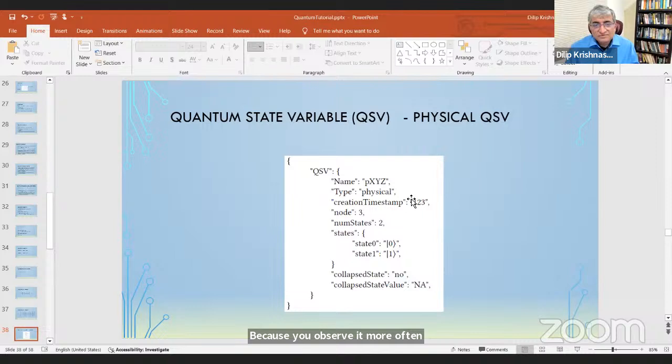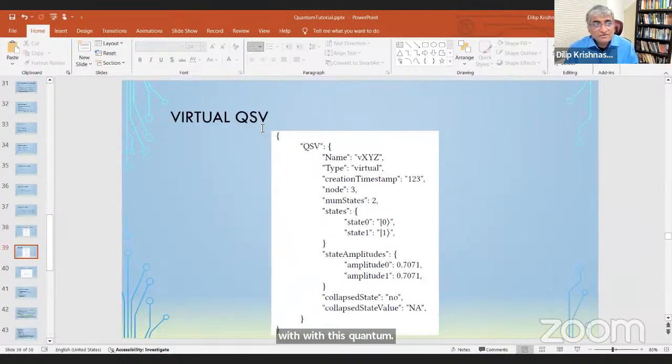Now, we can think of a physical quantum computer where we don't know the amplitudes. If you try to create a JSON data structure, it may look something like this. It has these states, but we have no clue what the amplitudes are. We just set up the quantum variable, send it to a quantum computer and say, hey, set me up with this quantum variable with 2 states. Now, you could have a virtual quantum state variable, which is actually running on a classical computer, for example.